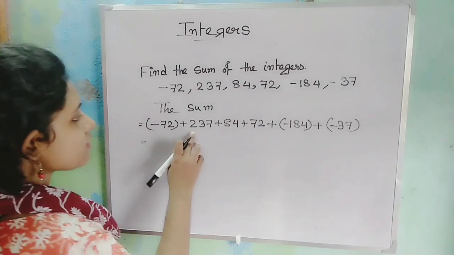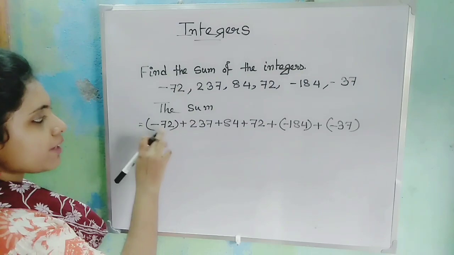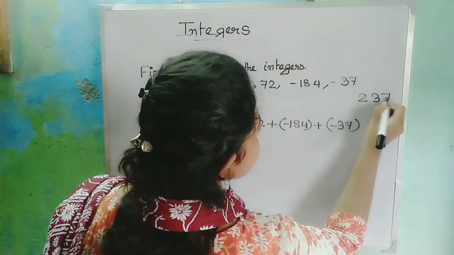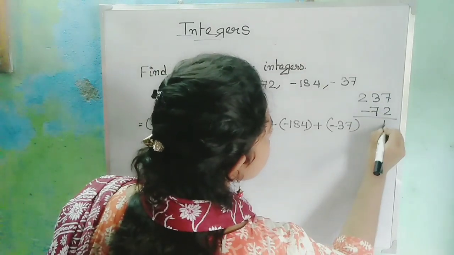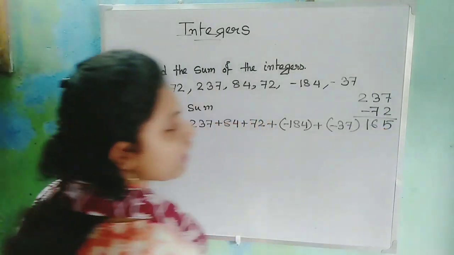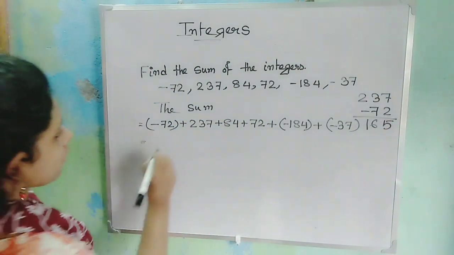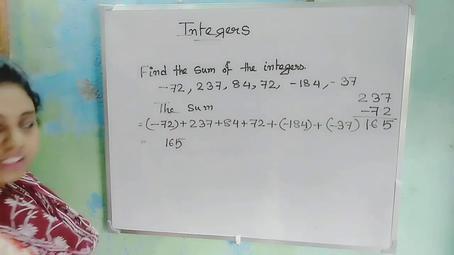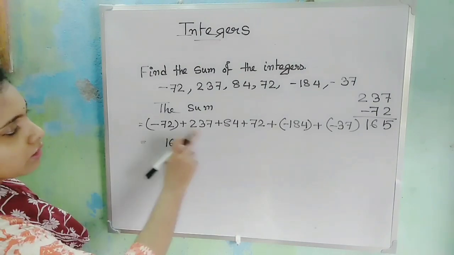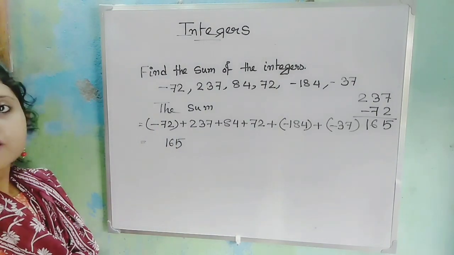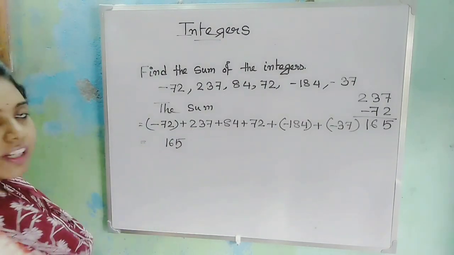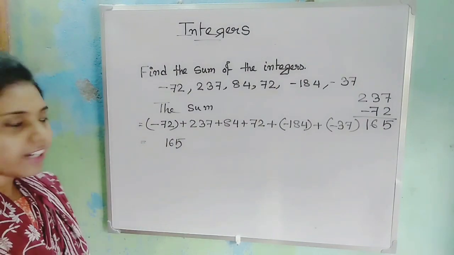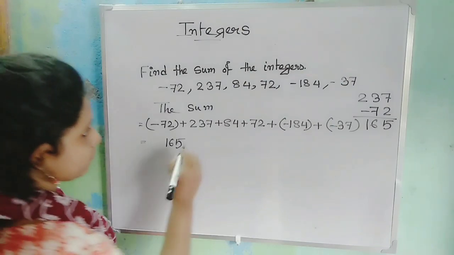For this addition we have to subtract 72 from 237. So 237 minus 72 is 165. And what will be the sign? See, whose absolute value is greater? 237 has the greater absolute value. So the sign will be plus. So we can write it as 165.